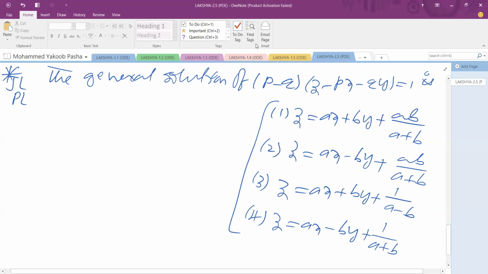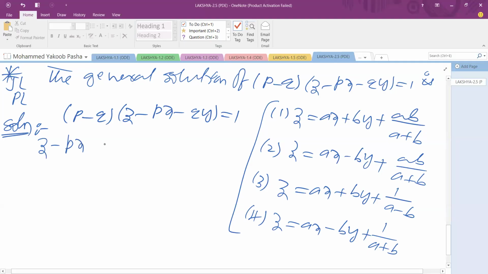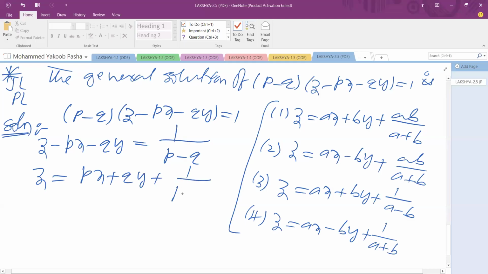So first we look at the given PDE, that is p minus q into z minus px minus qy is equal to 1, and divide by p minus q. So we get z minus px minus qy is equal to 1 by p minus q. So that z is equal to px plus qy plus 1 by p minus q.